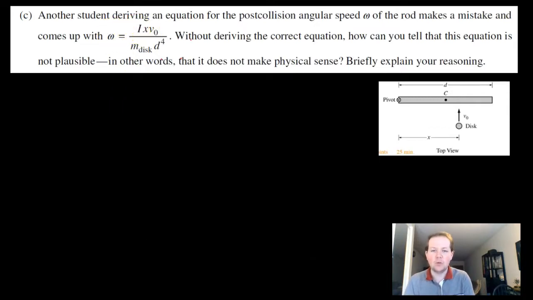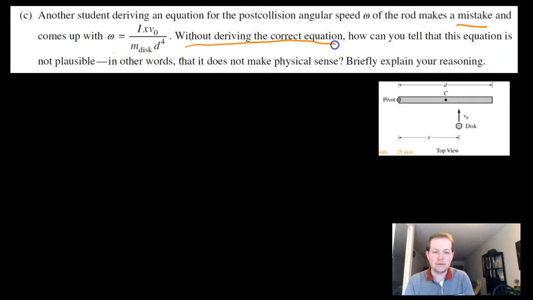Another student deriving an equation for the post-collision angular speed omega of the rod makes a mistake and comes up with omega equals I x v naught divided by m disk d to the fourth. It says they make a mistake, so this equation isn't right.